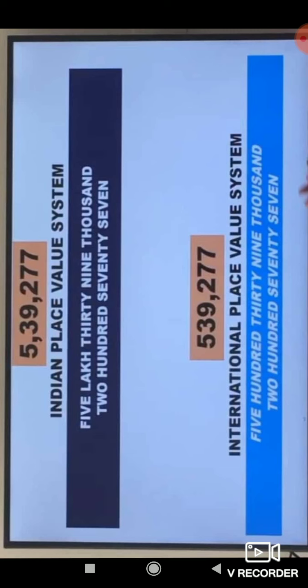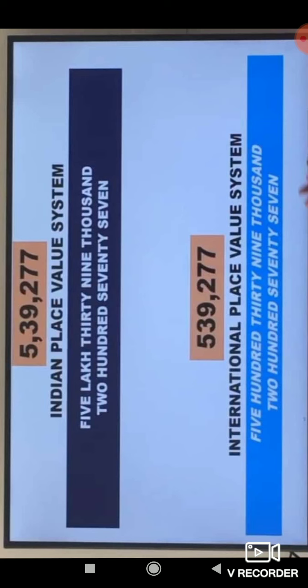Now write this same number in the international place value system. In the international place value system, every 3 digits from the right form a group, that is 277 forms one group, and 539 forms one group: 539,277.